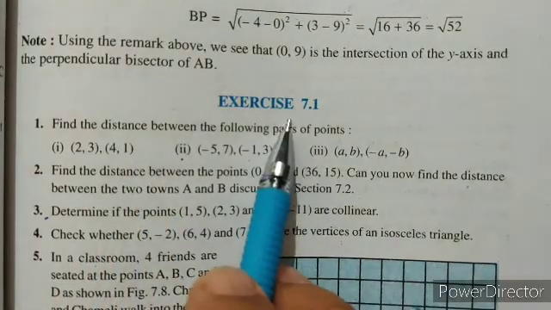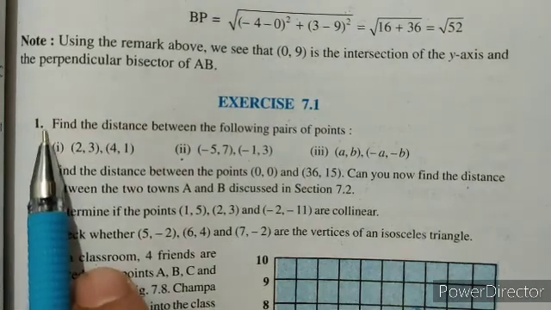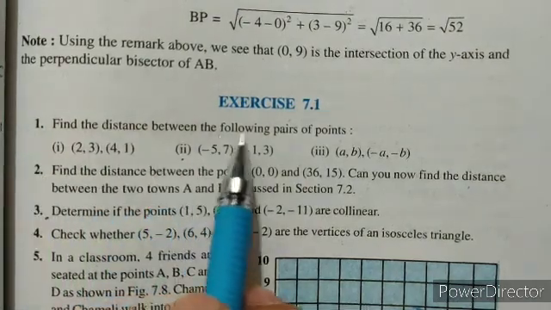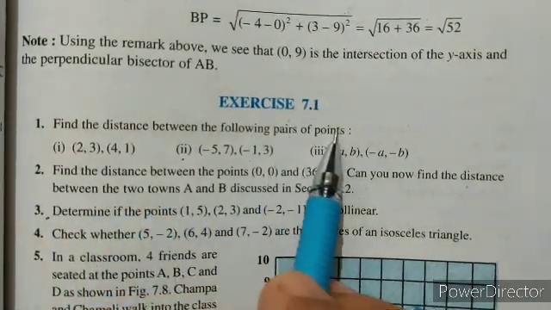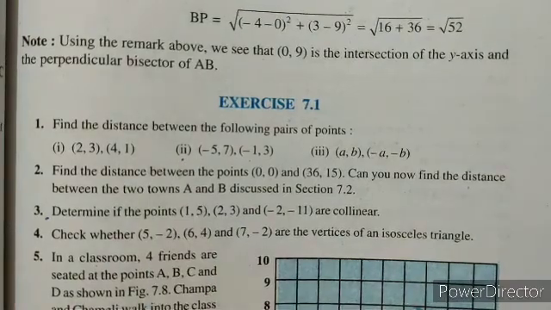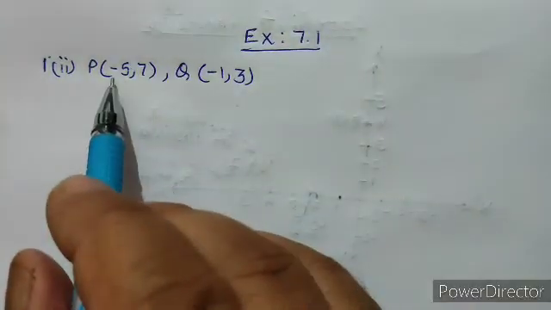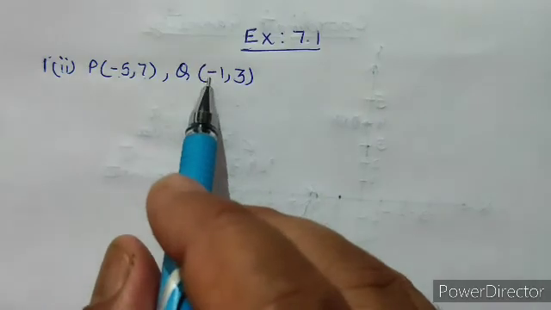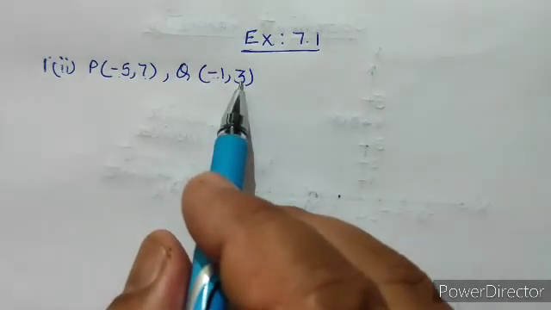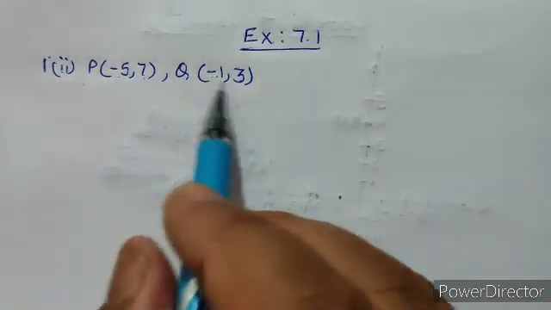Now in exercise 7.1, in the first question, we have to find the distance between the pair of points. I am doing the second part of it. Here 2 points (-5, 7) and (-1, 3) are given to us, and we have to find the distance between these 2 points.